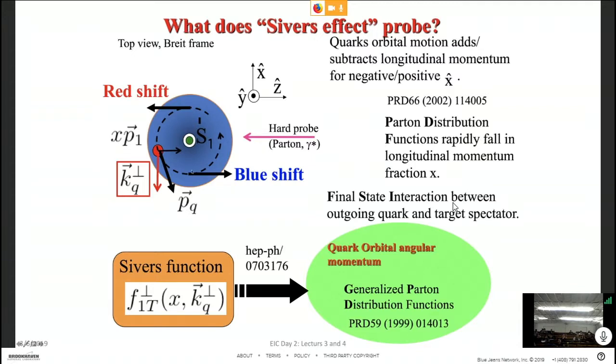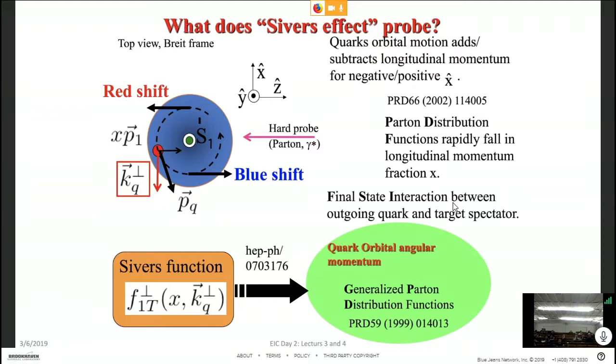If you hit the quark coming at you, it will be blue shifted, and you can start seeing these effects either in left-right asymmetries or in something called deeply virtual Compton scattering, that we will come to tomorrow, where that excited quark then emits a real photon, and that distribution can be calculated and now even measured.